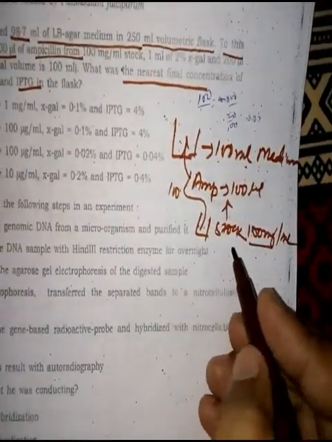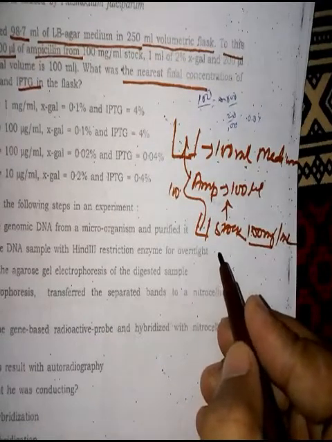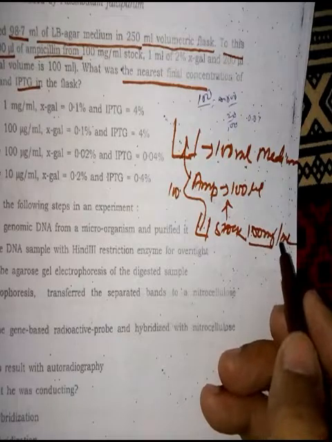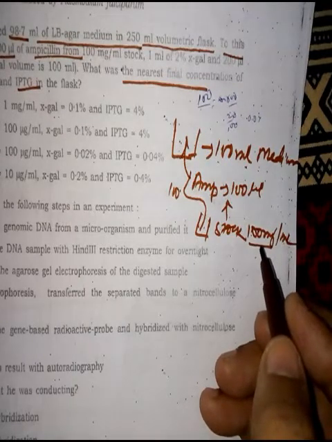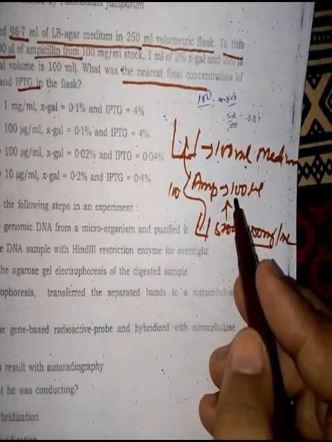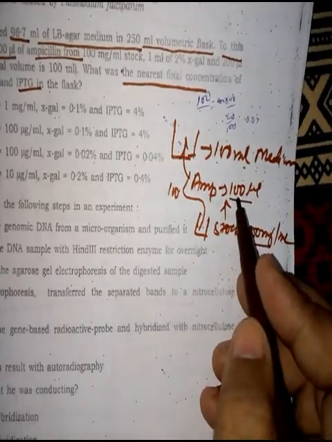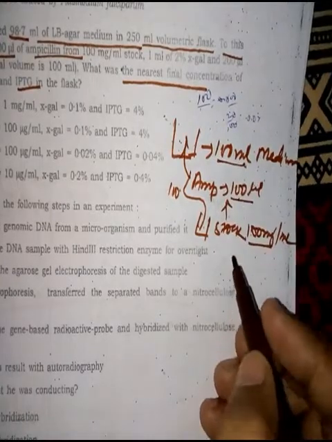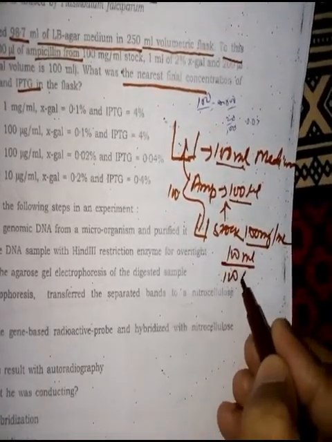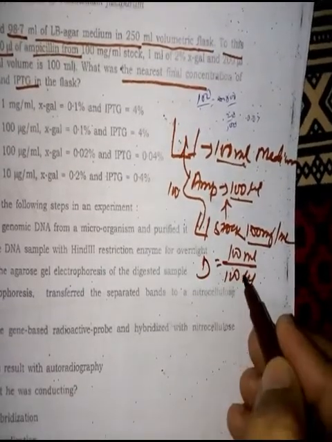So simple, you have to calculate that 100 mg per ml is the stock concentration, and how much dilution is there? 100 microliter is added in 100 ml. So 100 ml divided by 100 microliter will give the dilution factor.